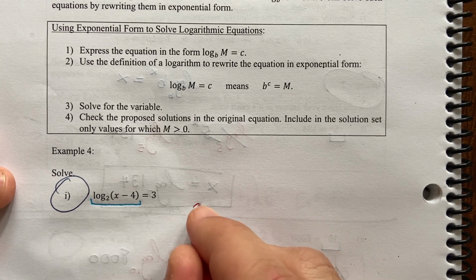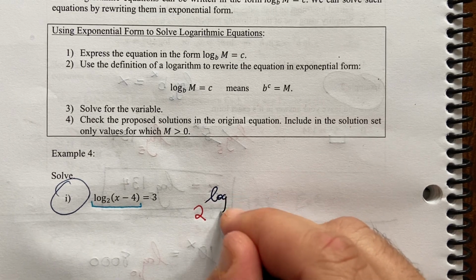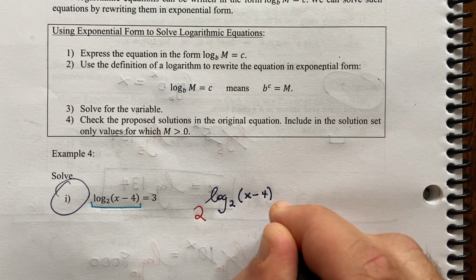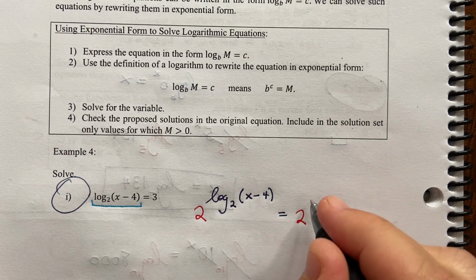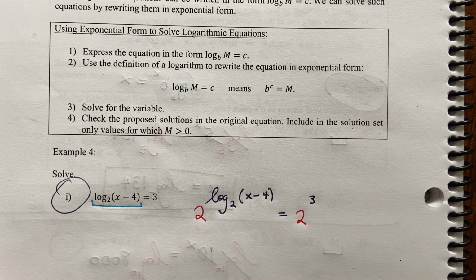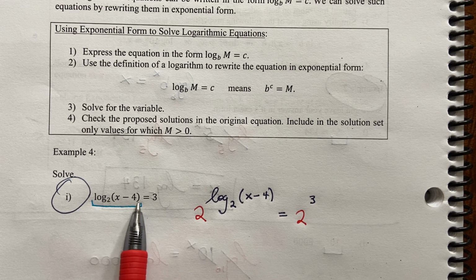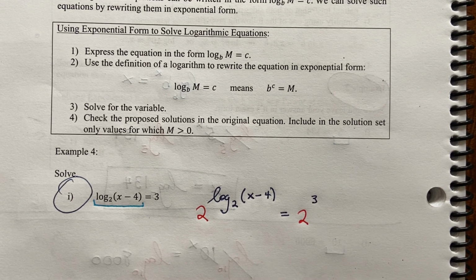So here's what I mean. I'm going to write 2 to the log base 2 of x minus 4 equals 2 cubed. So I'm now using both sides as powers. Okay, so I identified that they have a 2 as their base, and now I'm making basically both sides of the equation powers of this new exponential equation.